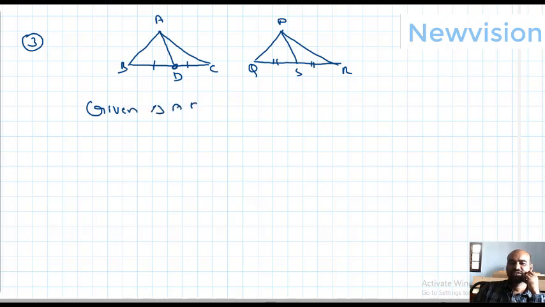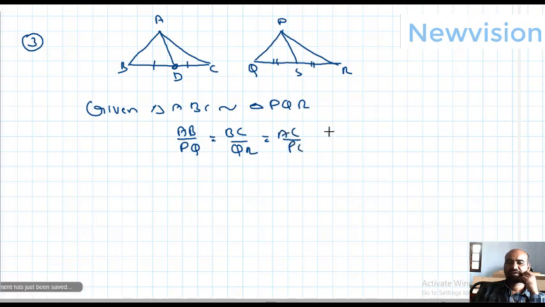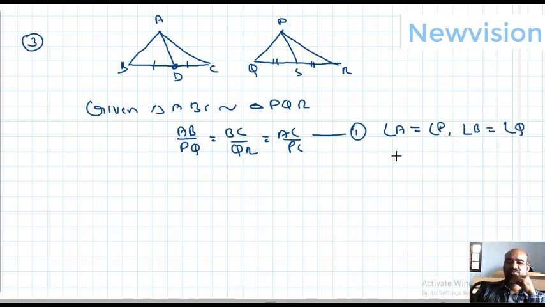triangle ABC similar to triangle PQR. First, AB by PQ equal to BC by QR equal to AC by PR. Okay, so this is equation number 1. Our angles also you need to write: angle A equal to angle P, angle B equal to angle Q, angle C equal to angle R. Again and again I am repeatedly saying that angle A is not correct; instead of A you should write BAC.